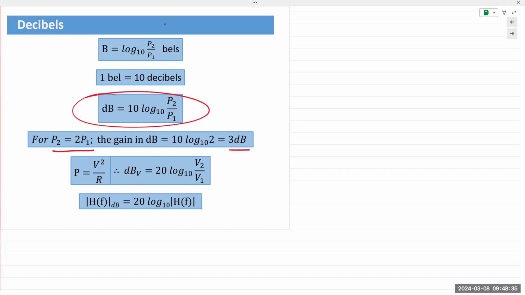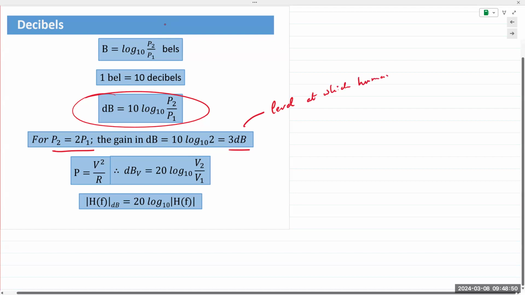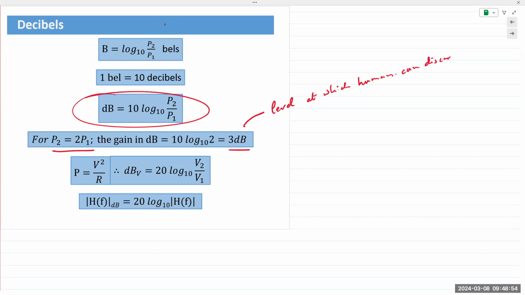That is also the reason why we use dB, especially for audio engineering. So this is the approximate minimum level at which humans can discern any change in hearing. Power has to be doubled for every 3 dB level difference.